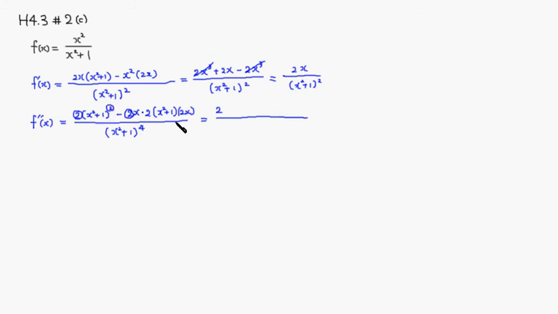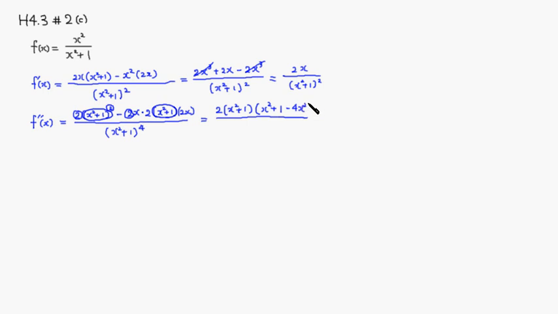So I'll write down what's left over. From the first term you have x squared plus 1, and from the second term you have negative 4x squared.